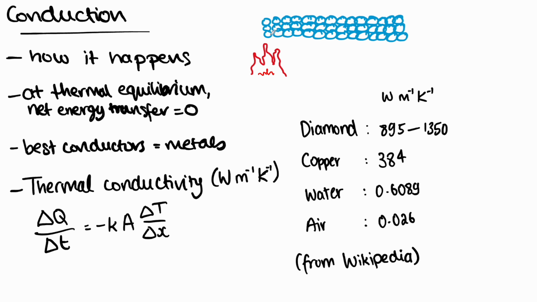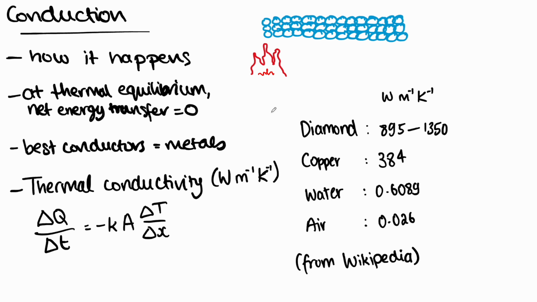The idea of conduction is that the particles right next to the heat source start to vibrate more and more, and the vibration will then knock into the other particles in the solid, and gradually the vibrations and the thermal energy will move throughout the solid until it reaches thermal equilibrium, and then the net energy transfer is 0 because the substance is all the same temperature.